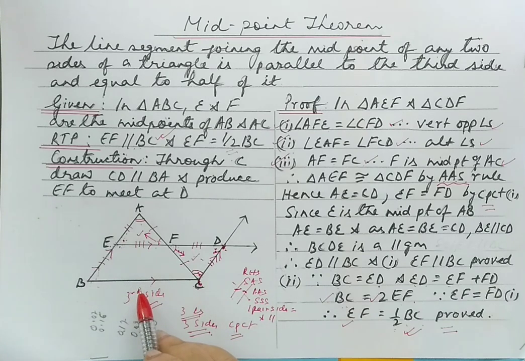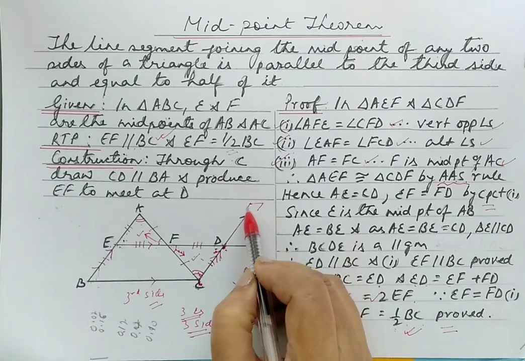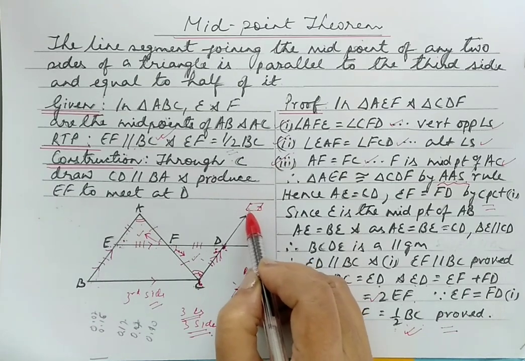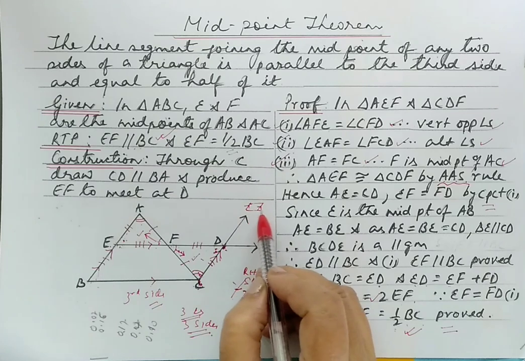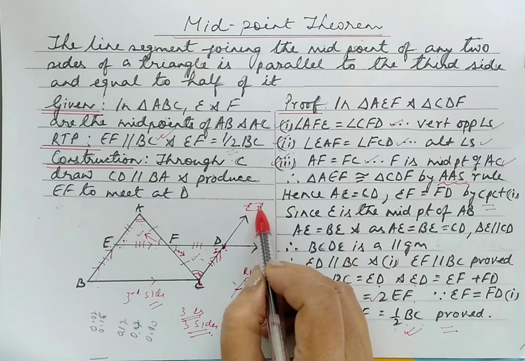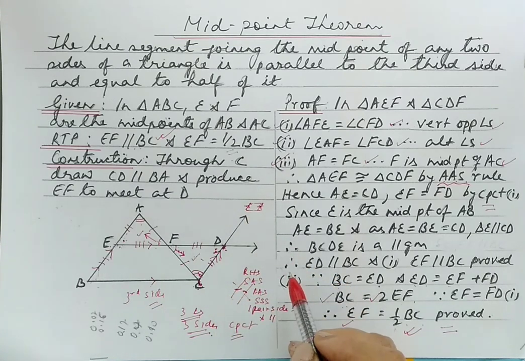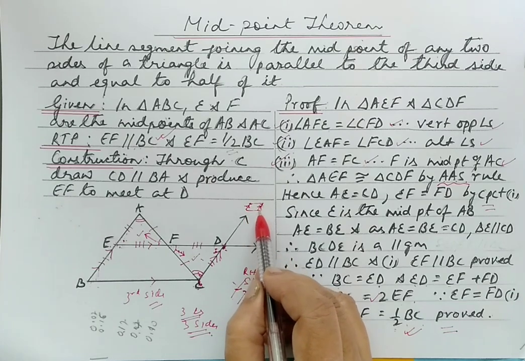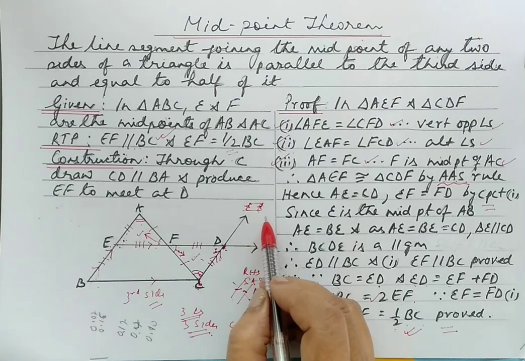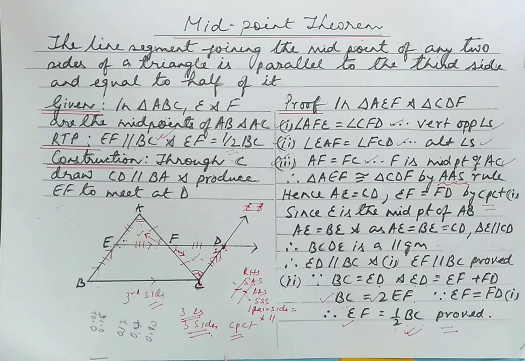So according to the property of parallelograms, if we have one pair of opposite sides parallel as well as equal, we can say that the quadrilateral is a parallelogram.